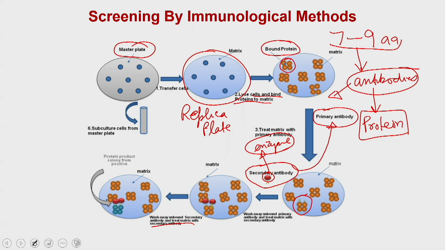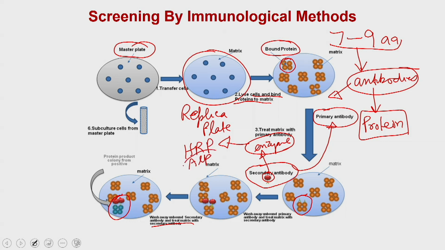Then, depending on the enzyme, you can use a specific substrate to develop the membrane. The popular enzymes are HRP, horseradish peroxidase, or alkaline phosphatase.